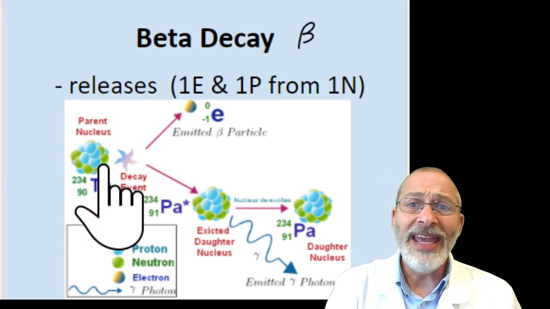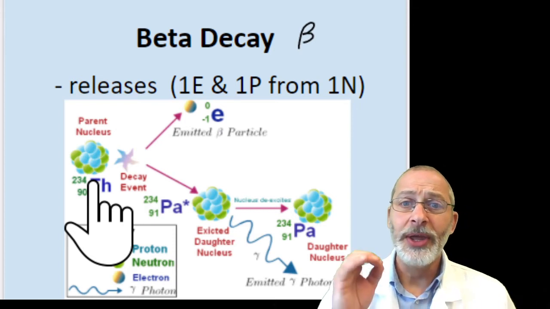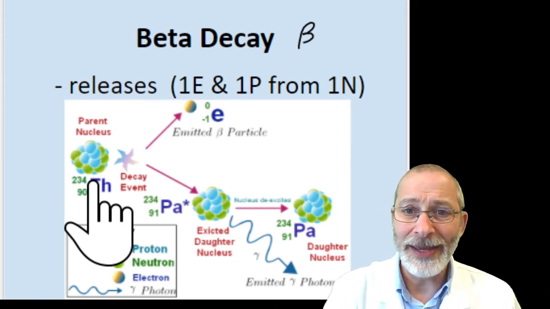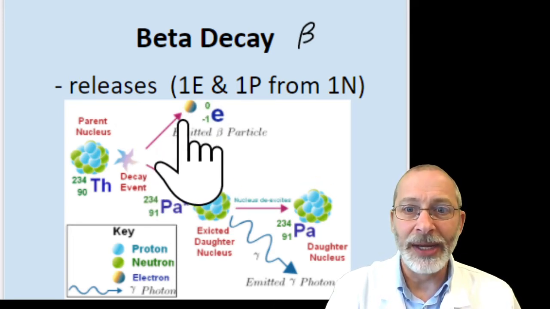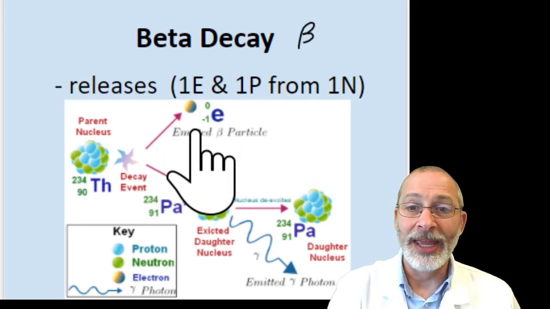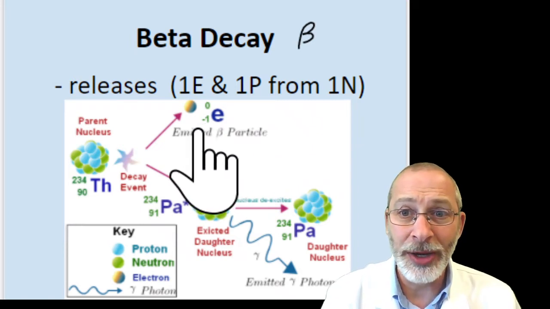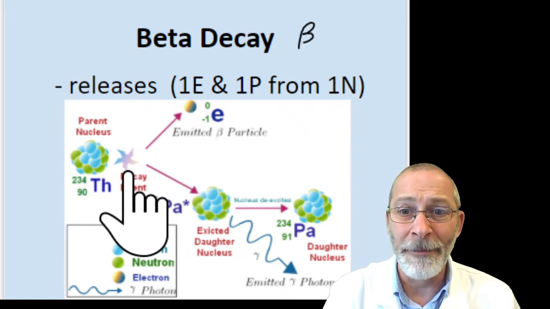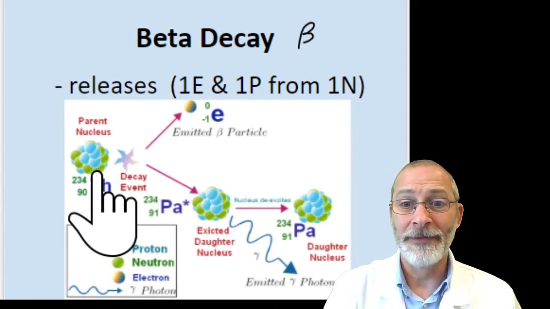But if this thorium undergoes beta decay, look what's being emitted, a beta particle. And again, a beta particle is an electron and a proton that comes from the decay of a neutron.